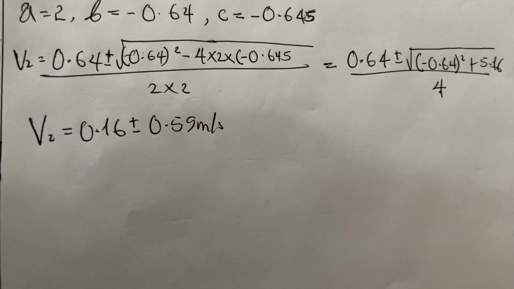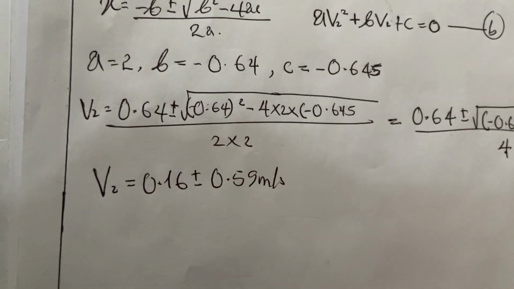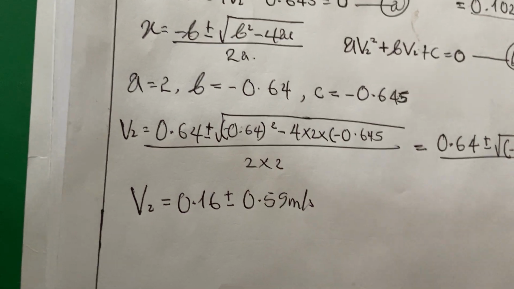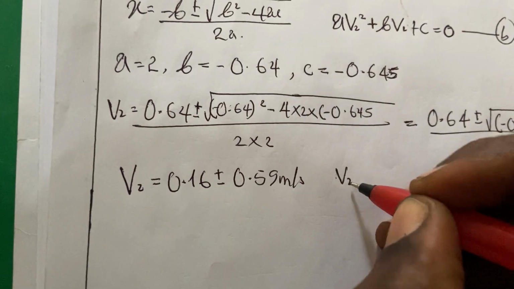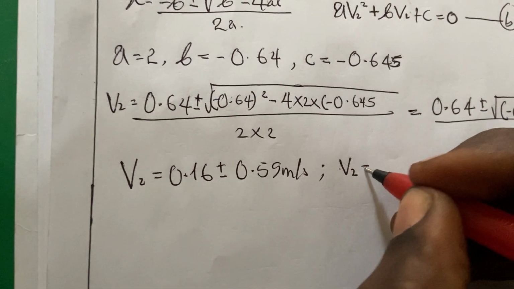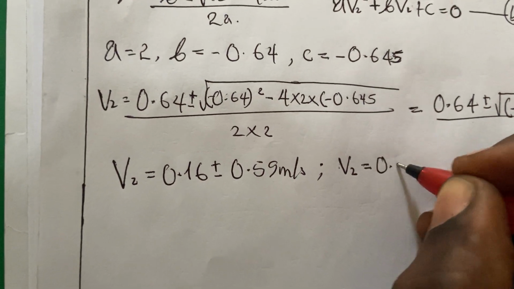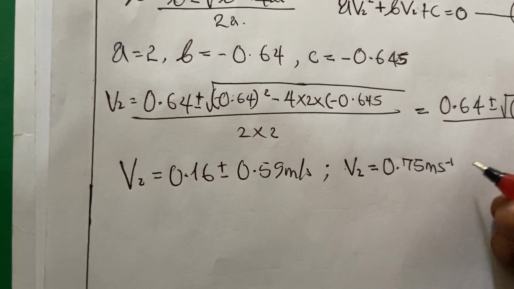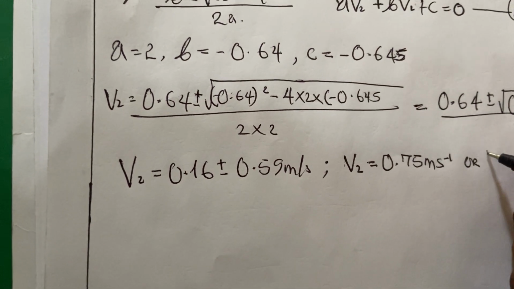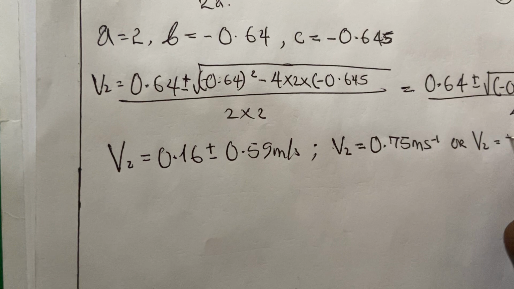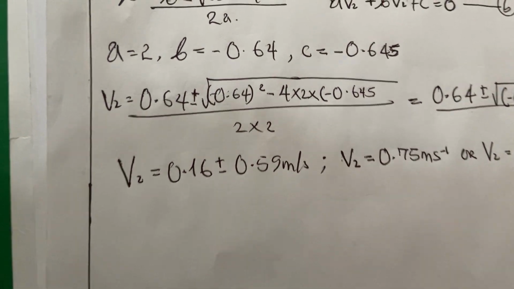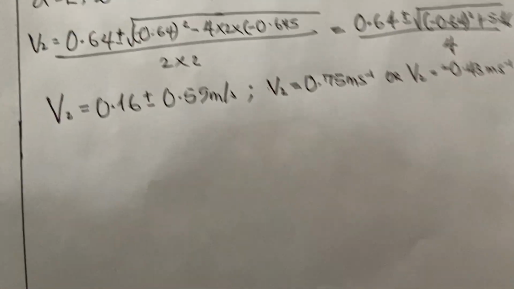So that's the value for v2, and since it's plus and minus, it means v2 has two different values. From this, v2 is 0.75 meter per second, or v2 equals minus 0.43 meter per second. These are the values for v2.